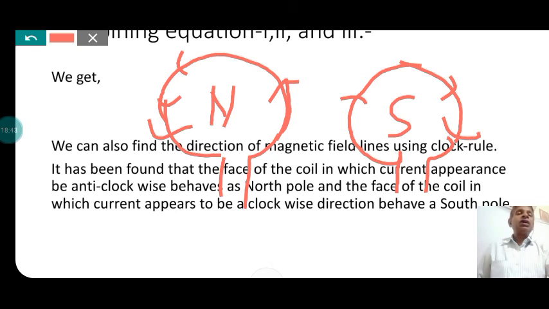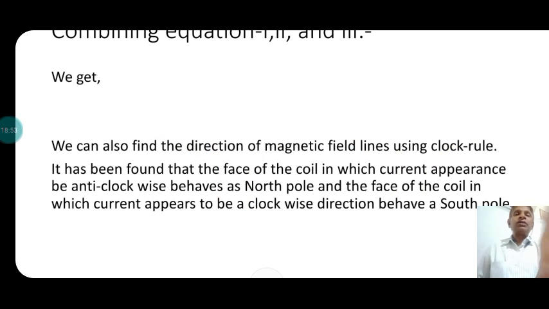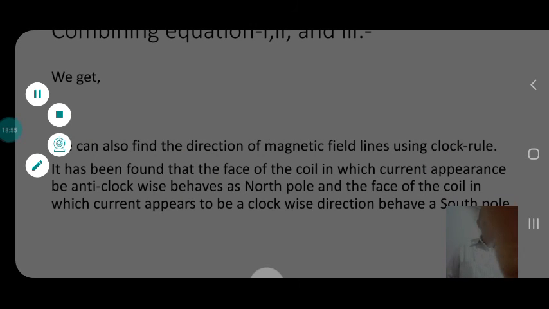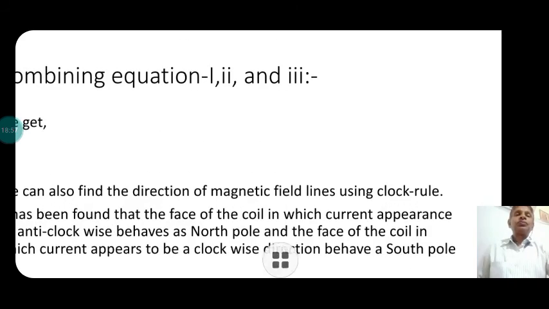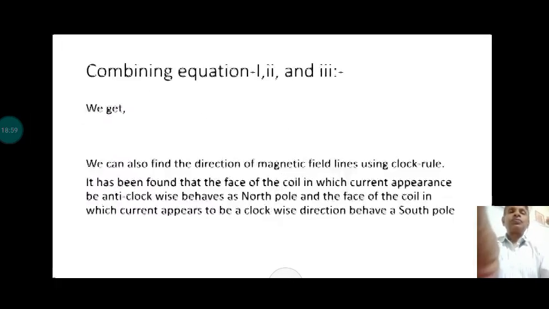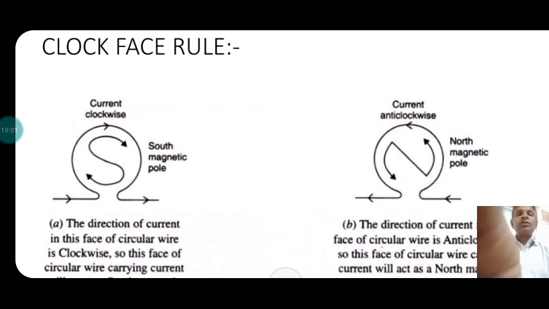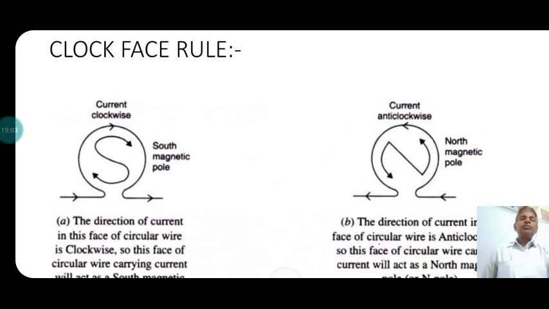So the poles of the circular loop may be confirmed on the basis of the clock rule, given in detail in the next slide. Here is the clock rule for finding the poles of the circular loop.